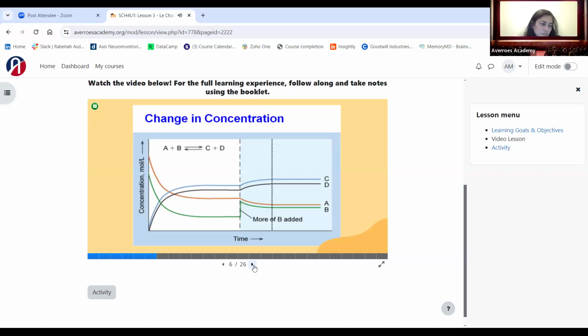Some of this B reacts with A, increasing the concentration of our products. So the concentration of both products increases until a new equilibrium is established. So the concentrations eventually become constant again at a new level.